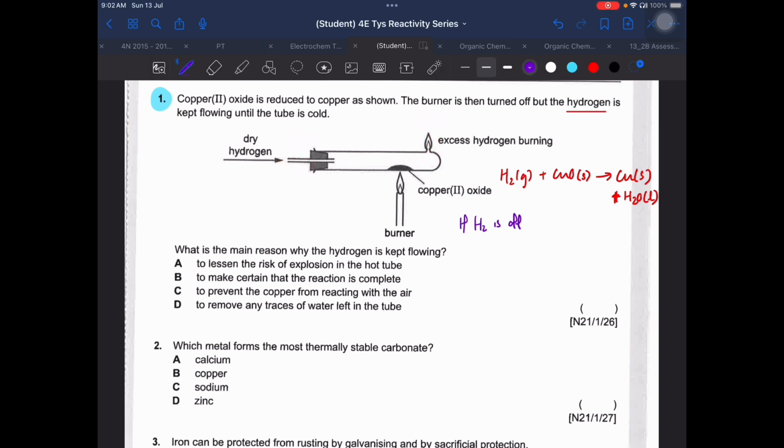If hydrogen is off, surrounding air will enter the setup. When surrounding air comes in, the concern is that O2 will react with the metal, which is the copper remaining behind. Remember, the test tube is still very, very hot.